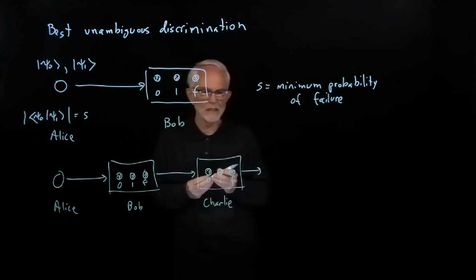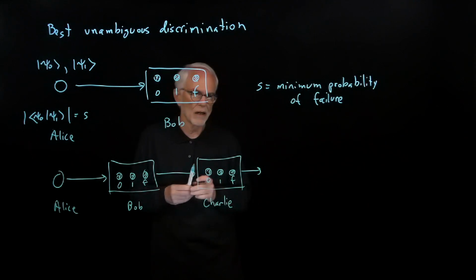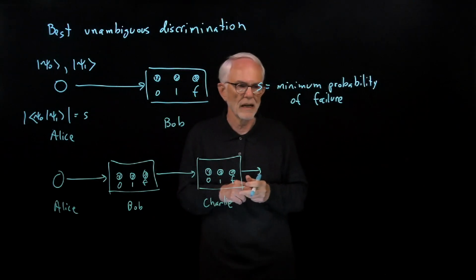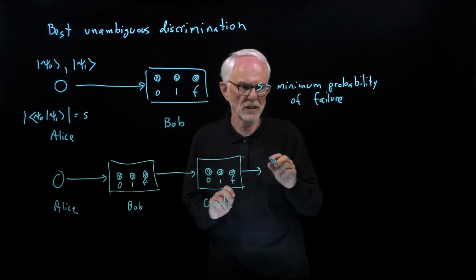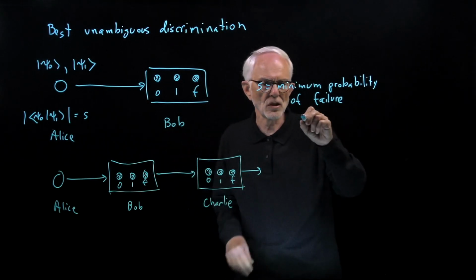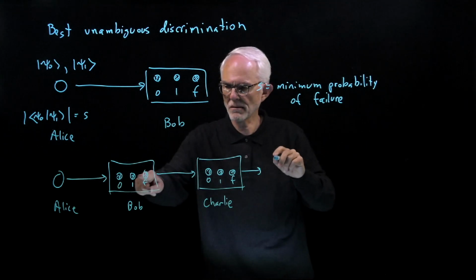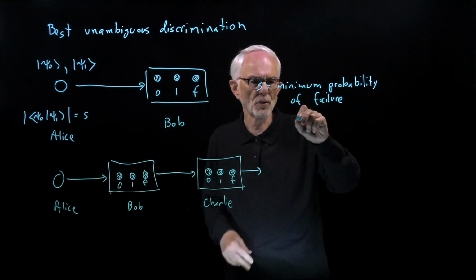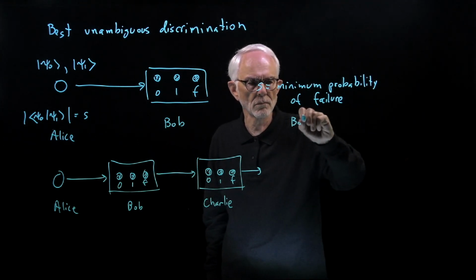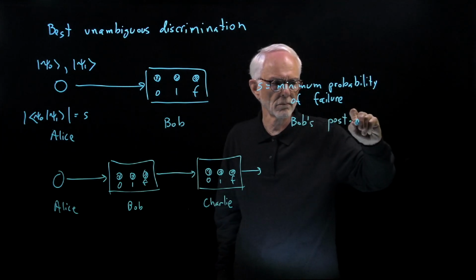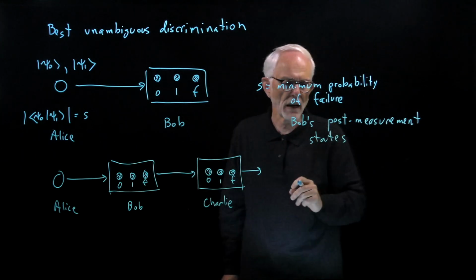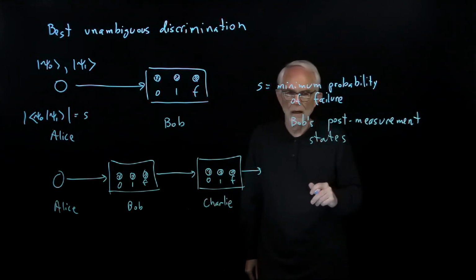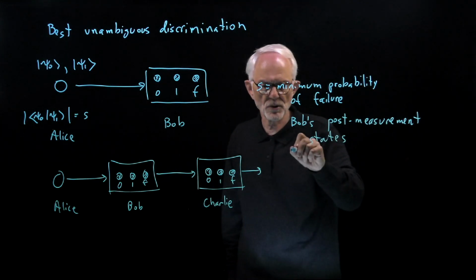So let's analyze things a little bit more here and see how they go. In order to analyze this, let's think about what happens. So if the state psi0 is sent, we want to look at Bob's post-measurement states.